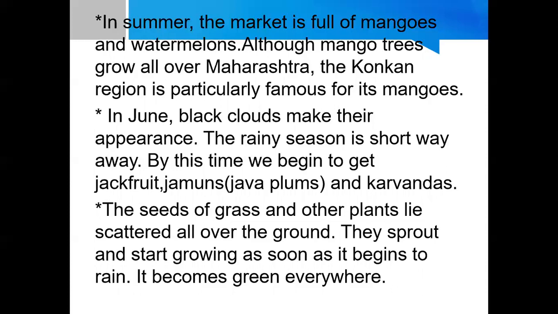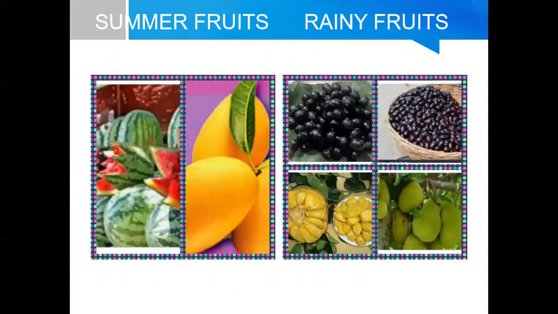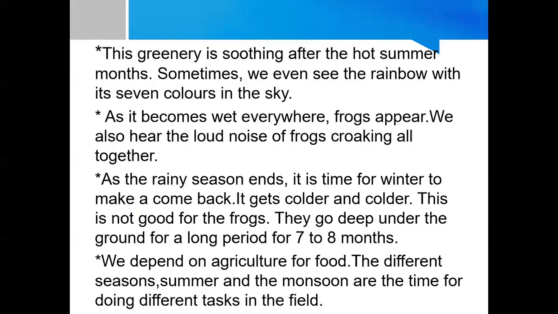It becomes green everywhere. Now you can see the summer fruits, children. See the watermelon and lovely mangoes. And in the rainy season, you can see the karvandas, jamuns, and jackfruits. This greenery is soothing. You feel very nice because after the hot summer months, you feel the rain, and then you feel a little cold and you feel nice.